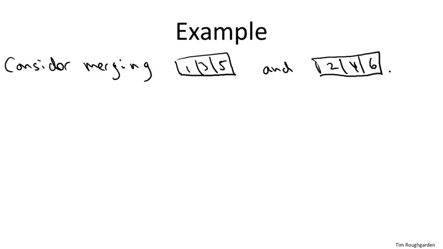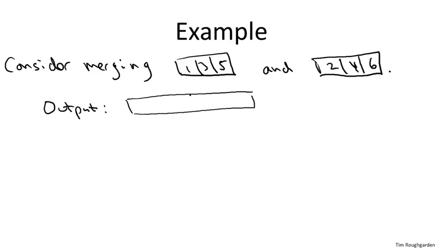So now let's trace through the merge subroutine invoked on these two sorted subarrays and try to spot a connection with the number of split inversions in the original 6-element array. So we initialize indices i and j to point to the first element of each of these subarrays. This left one is B and this right one is C, and the output is D. Now the first thing we do is we copy the 1 over from B into the output array.